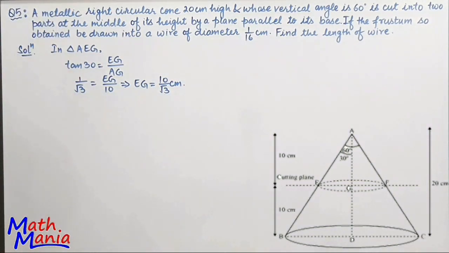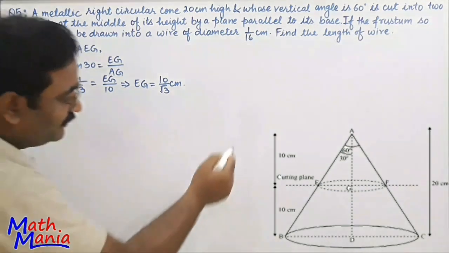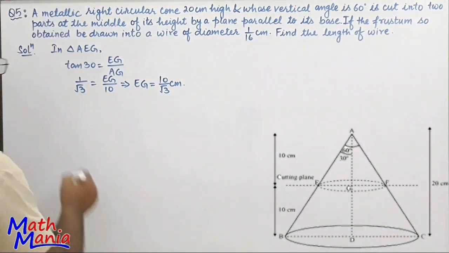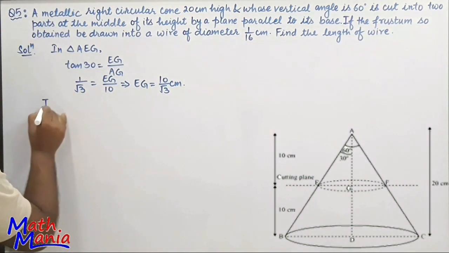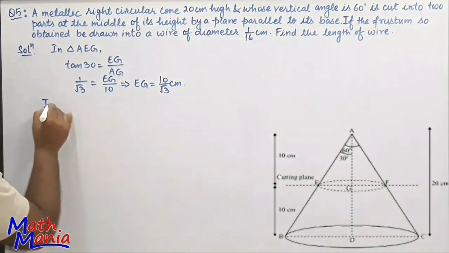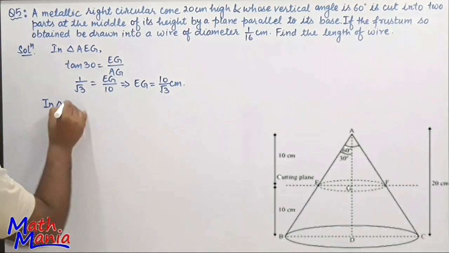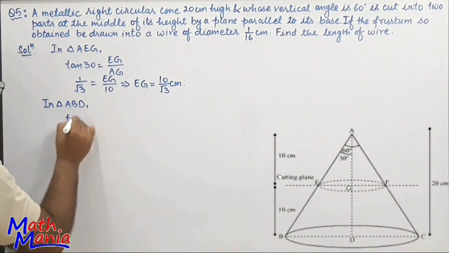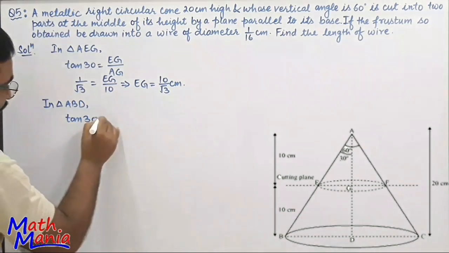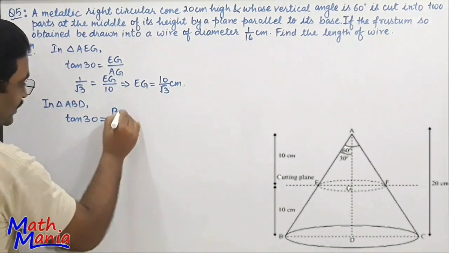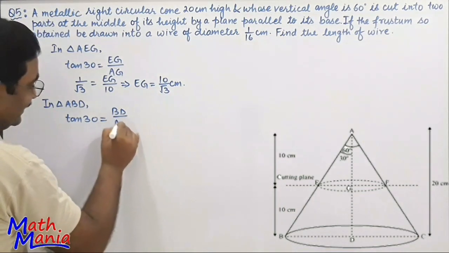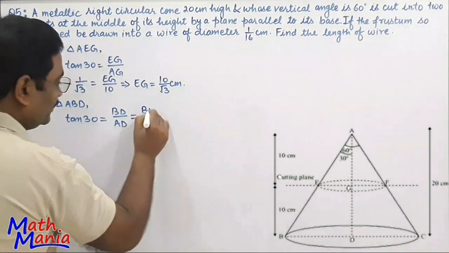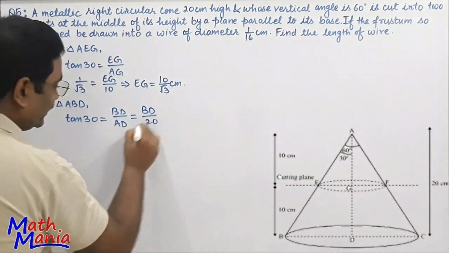Okay friends, after that just see the triangle ABD from the figure. In triangle ABD, similarly tan 30 is equal to BD upon AD, where BD is what we are going to find out and AD is 20.